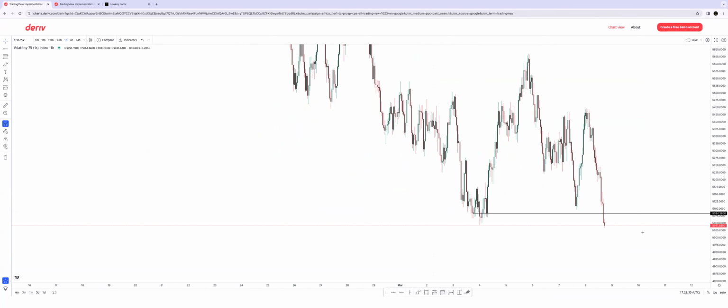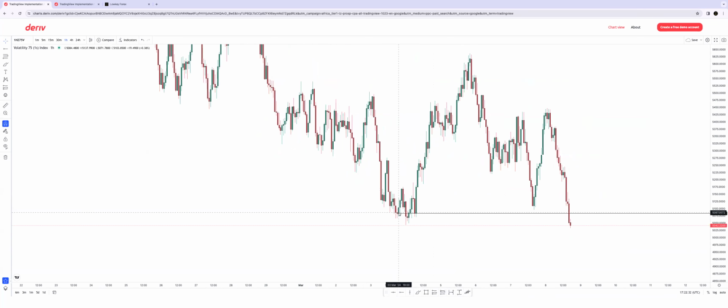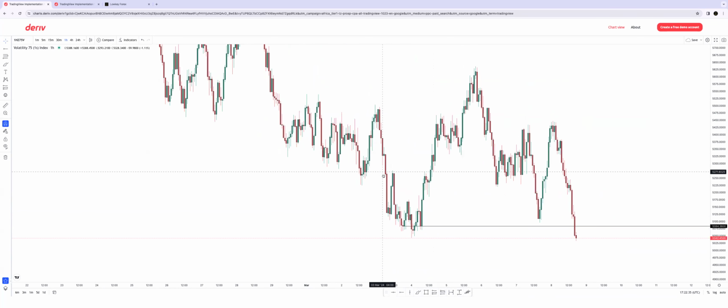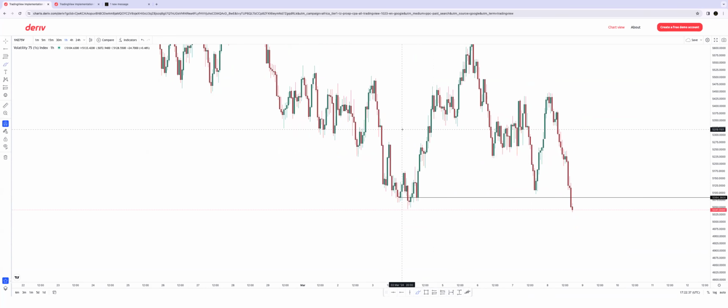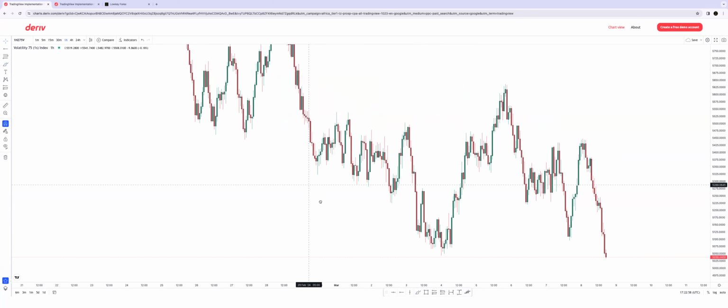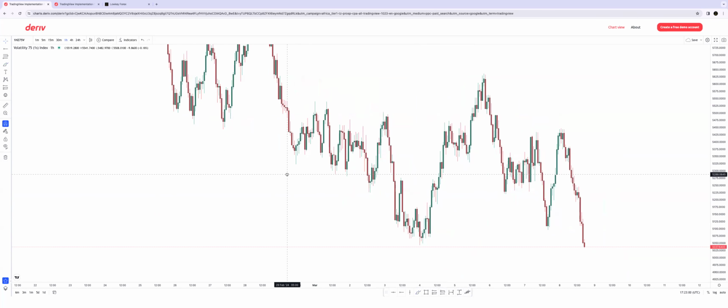Price was making lows, we had a low right here. We made a high, we made a low, we made a high. Okay, this example isn't accurate. It's not an accurate example. Let's look for a more vivid example.